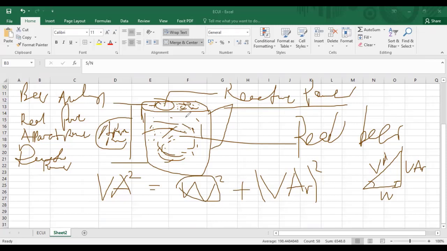Now the question is, I want somebody to answer this question. The reactive power, is it useful at all? Considering the beer analogy, this is the foaming part. For those who drink beer, does this make any sense? I'm waiting for you guys to respond to that.